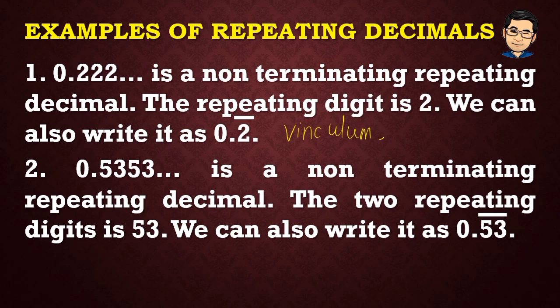Like for example, 0.22, tapos may 2 pa nakasunod, infinitely many. So, again, ang lalagyan lang natin ng vinculum is yung digit na nagre-repeat. So, kapag ang digit hindi naman siya nagre-repeat, hindi po siya natin lalagyan ng vinculum kasi hindi siya non-terminating. Terminating siya kasi nabibilang natin yung mga number of digits.